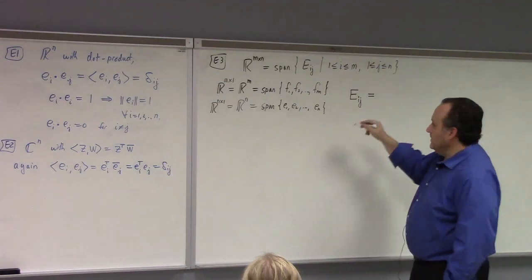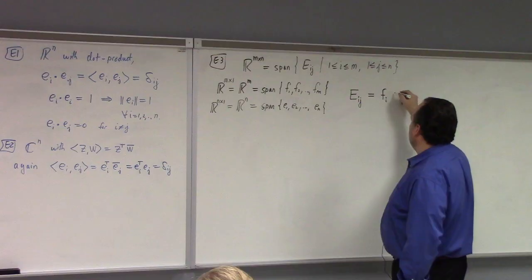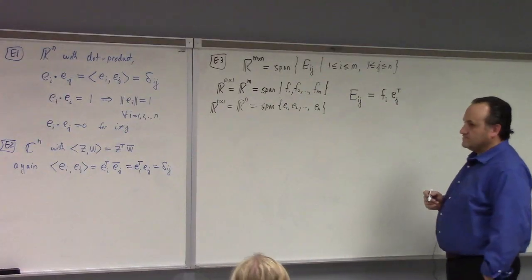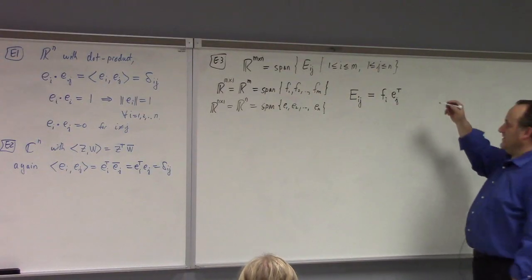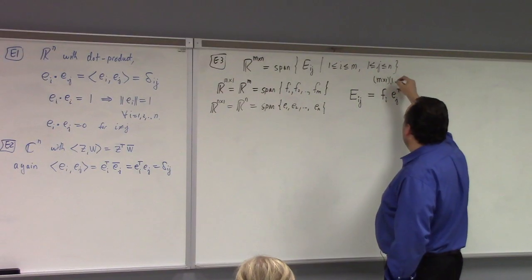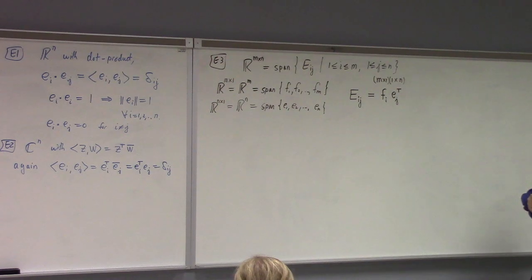So I've got to go f_i times e_j transpose. That makes sense, because this is an m by 1 times a 1 by n, so that's an m by n matrix. This is how we can build the matrix units from the standard basis.